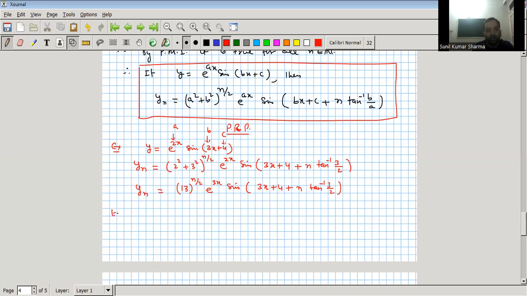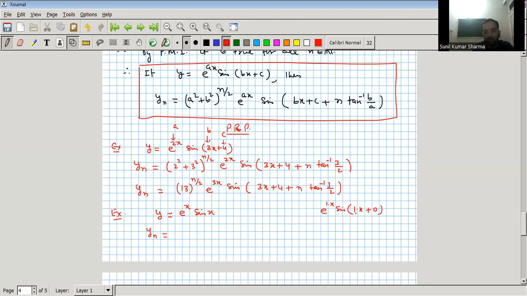Let us quickly discuss one more example. If y is equal to e to the power x into sin x, what is yn? Here a is 1, b is 1, and c is 0. We can write this as e to the power 1 into x, sin (1 into x plus 0).